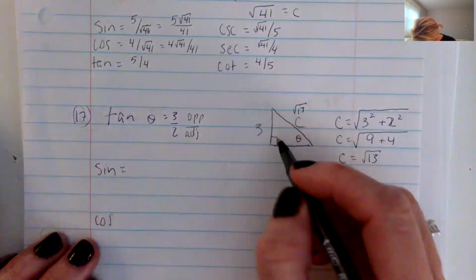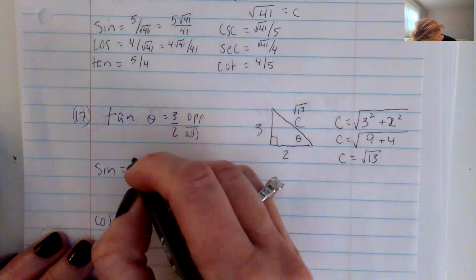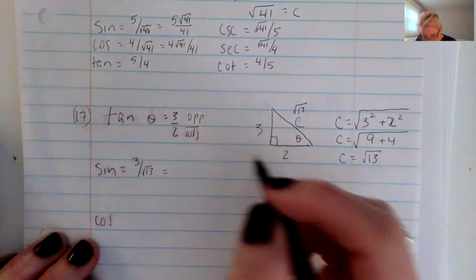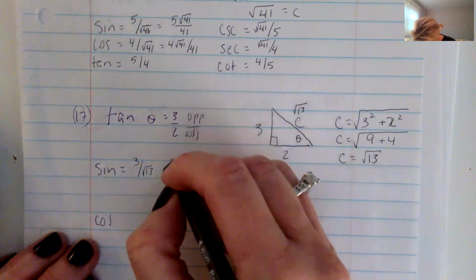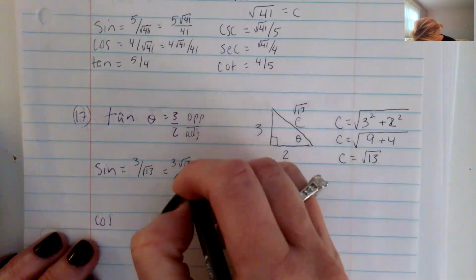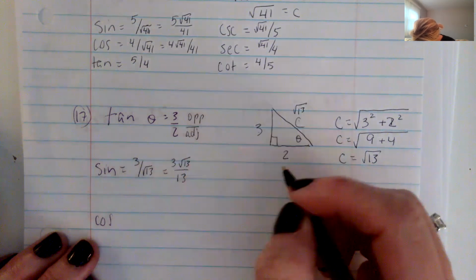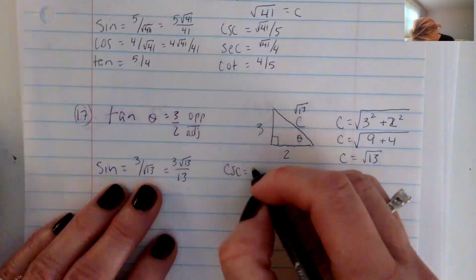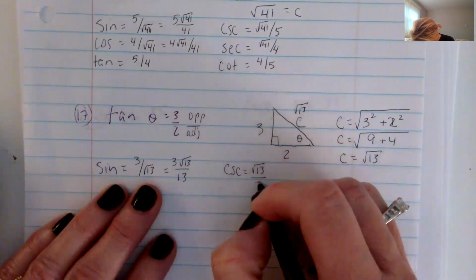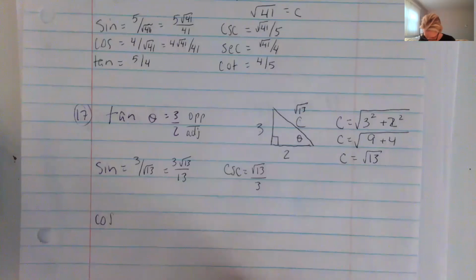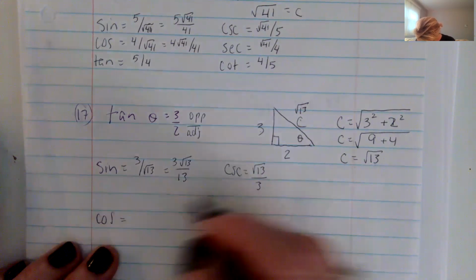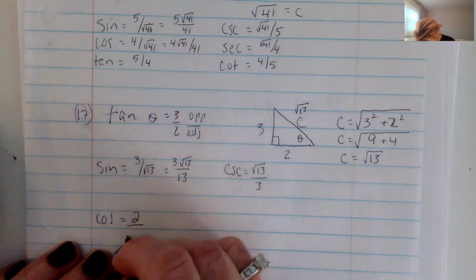So sine is the opposite over the hypotenuse. And we have to rationalize that. So that's 3 square root of 13 over 13. And that means that cosecant is square root of 13 over 3. And then cosine is the adjacent, so 2 over the square root of 13.